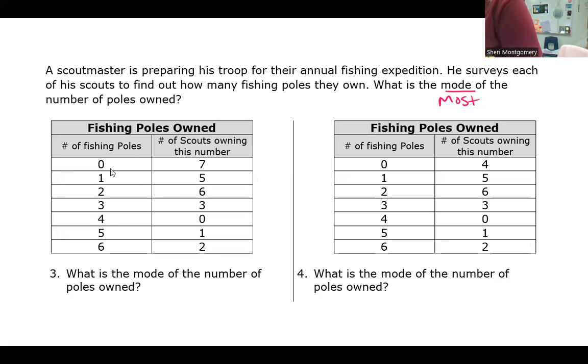It says that 7 of the scouts have no poles. 5 of them have 1 pole. 6 of them have 2. 3 of them have 3. Looks like nobody has 4. 1 of them has 5 and 2 of them have 6. So what you're looking for is where are the most amount of people?